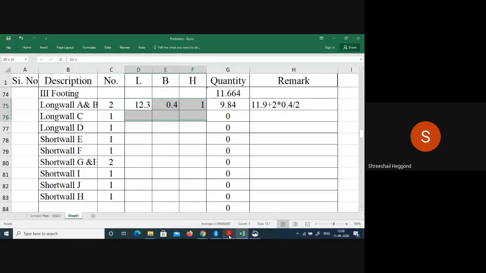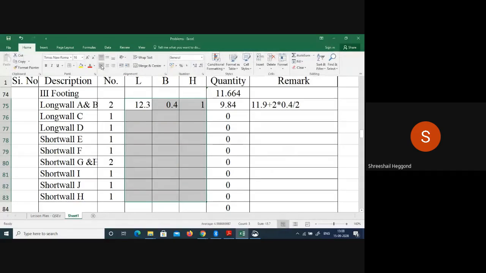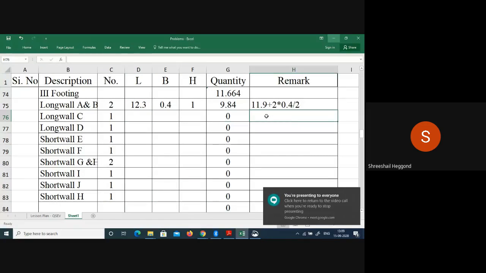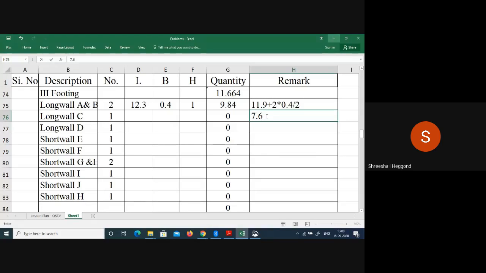Everyone is having same. Quantity will be of. Next length is 7.6. Angle C, center to center length is 7.6. Plus both the sides you have to add. The 7.6 plus 0.4 is of 8 meter. That is 0.4. Height is 1 meter. And the long wall D, center to center length is 3.8.